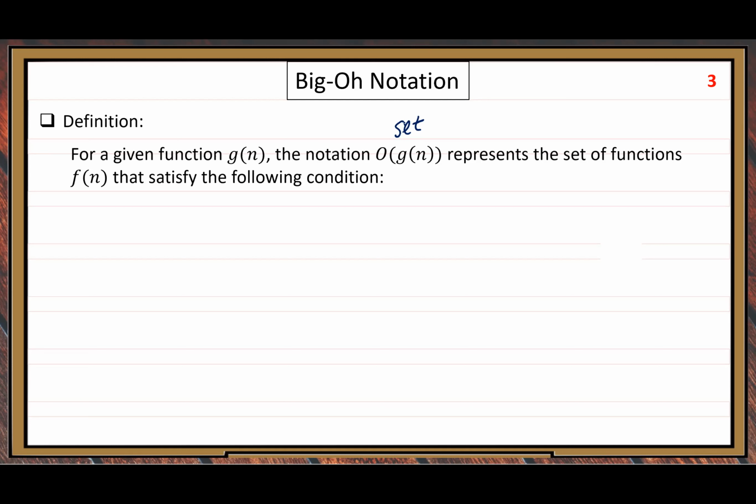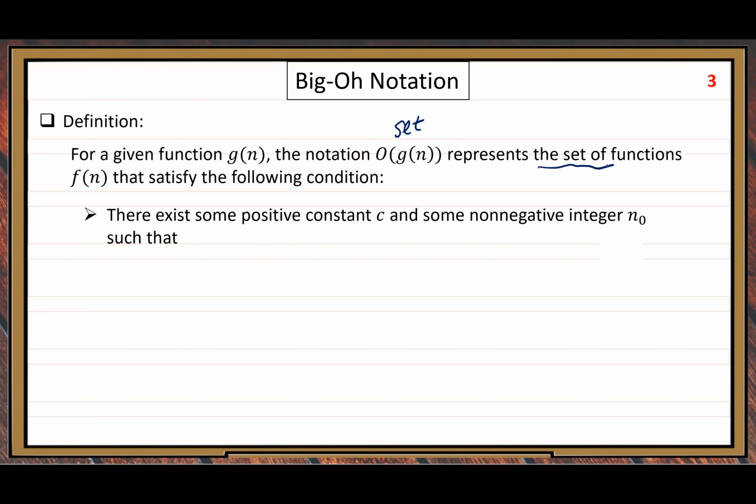The big O of g of n is the set of functions f of n that satisfy the following condition: there exists some positive constant c and some non-negative integer n0 such that this inequality, f of n less than or equal to c times g of n, holds for all n greater or equal to n0.